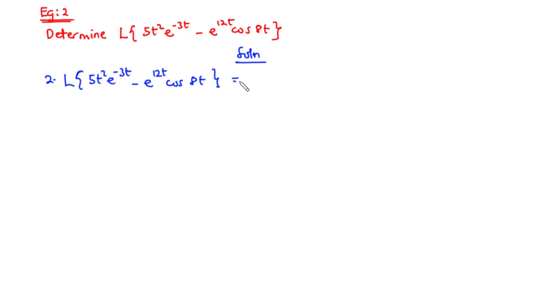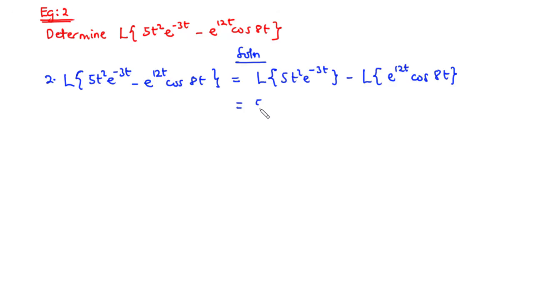So we are going to break this into two functions, or two Laplace transforms. So we have the Laplace transform of 5t squared e to the power negative 3t minus the Laplace transform of e to the power 12t cos 8t.